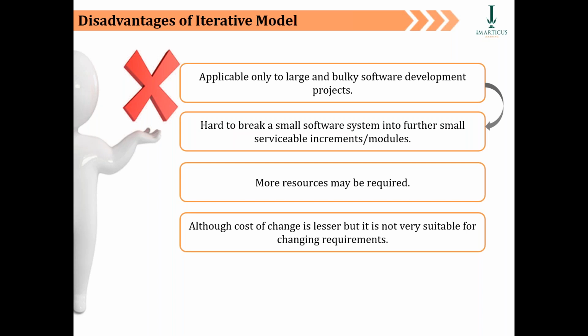So the iterative agile cycle is not applicable on very small projects. That's disadvantage number one. Yeah. Second, it's not applicable where it's very difficult to break a large scope into smaller scopes. Yep. Third thing is you need a lot of resources, because every small feature is developed by smaller skill sets.